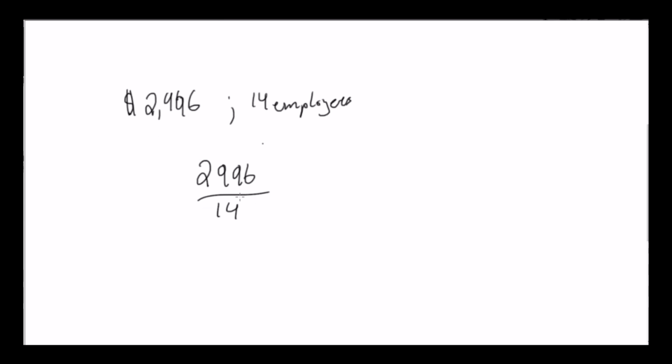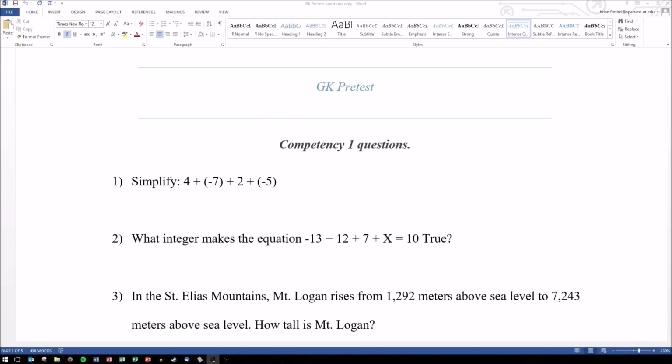Still have 196. 14 times 14 would be 196, so we have $214 per employee. Don't worry about the mental math part of it or anything. You have a calculator, make full use of it. All right, let's see what's next.